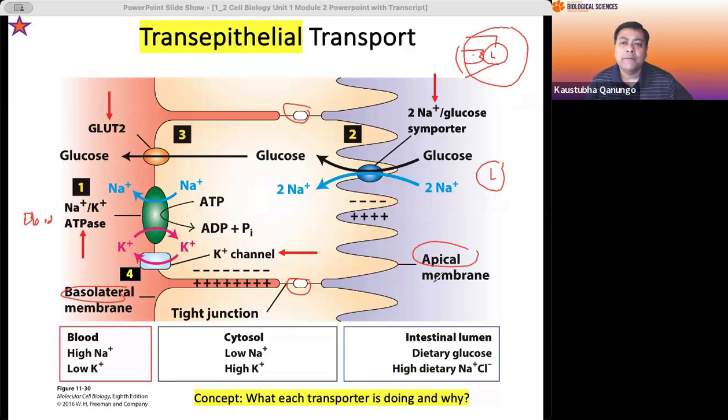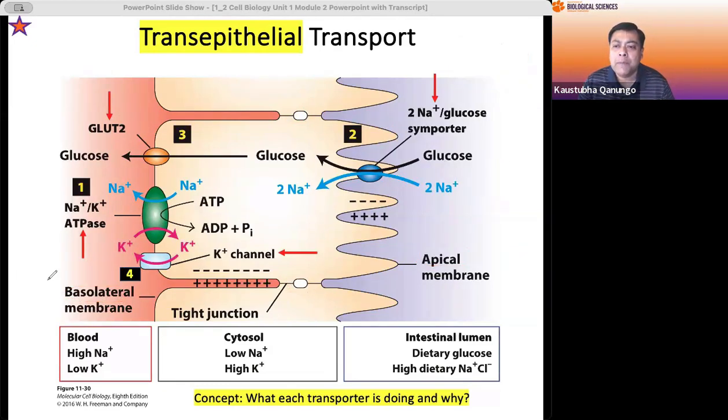So what are the different types of transporters there? And you need to remember those. So number one, all of them are red labeled. On the apical surface, you have a sodium-glucose symporter. So remember that. As sodium is going down the concentration gradient, glucose is moving in. Now, some of the glucose, when it's moving in, can be utilized by this cell, but most of the glucose is not.